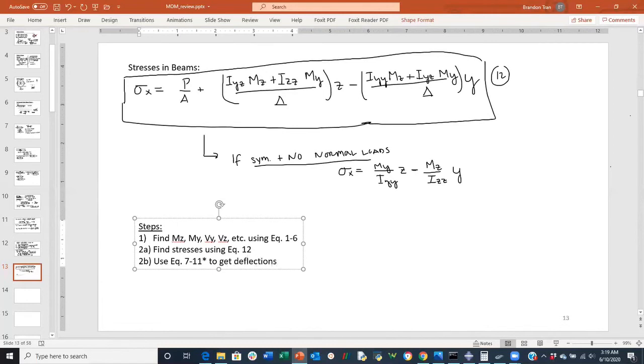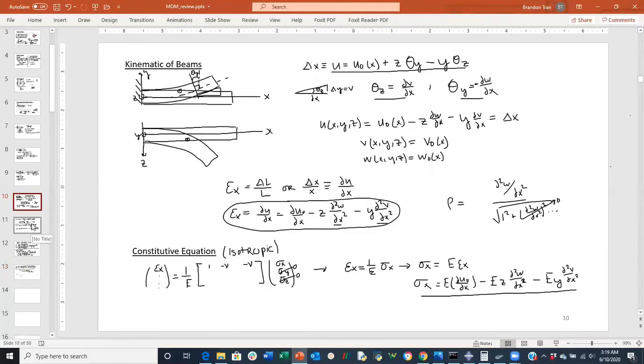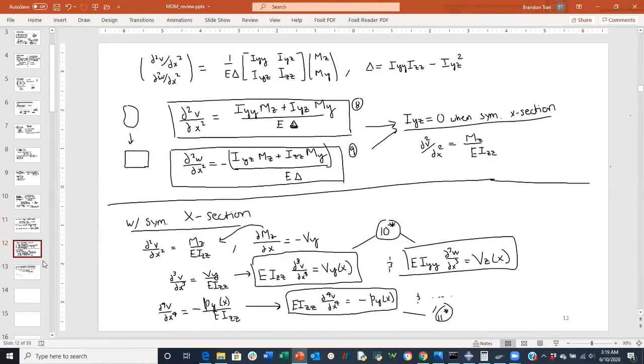So this is a really powerful statement, this is a really powerful method. Essentially, we can get both the stress quantities, or define the stress state of a beam, and also identify how it deflects simply by using the established equations that we developed during this derivation.